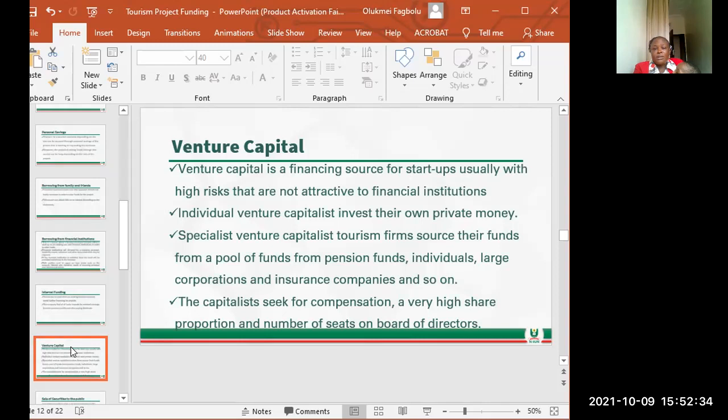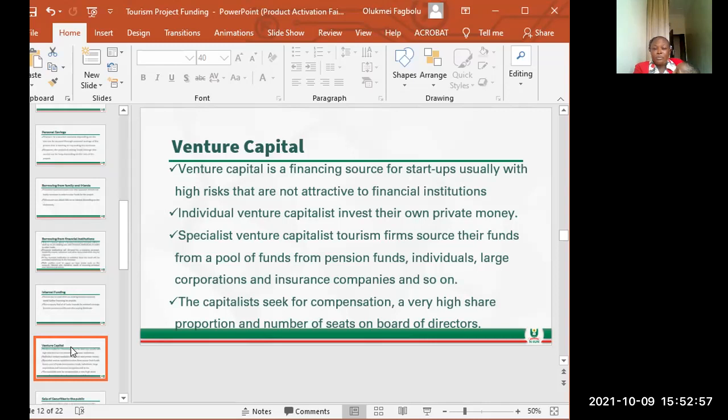Venture capitalists have their money, private money, and one can source money from them. And these are people like pensioners, maybe the pension funds, individuals, large corporations, insurance companies, and so on. They are in this category of venture capitalists.